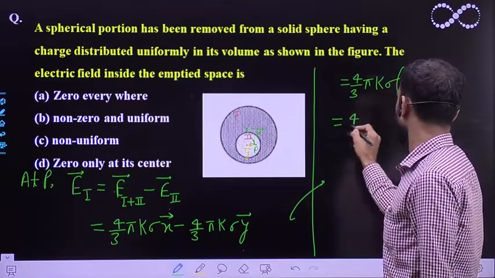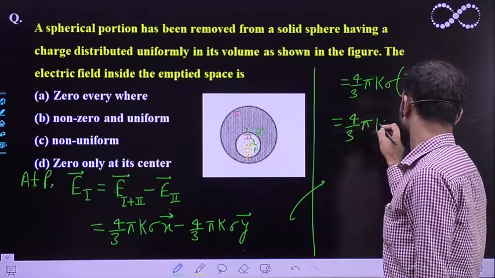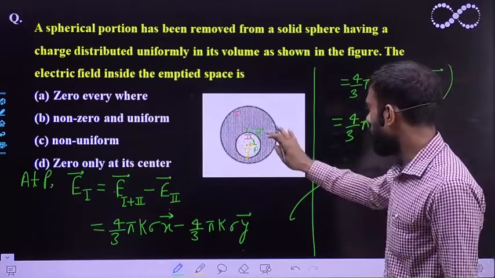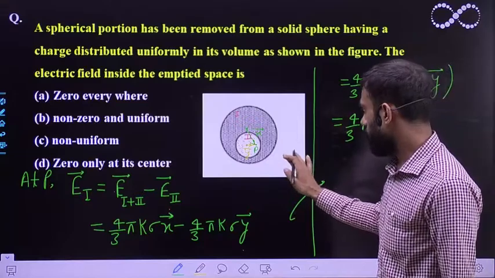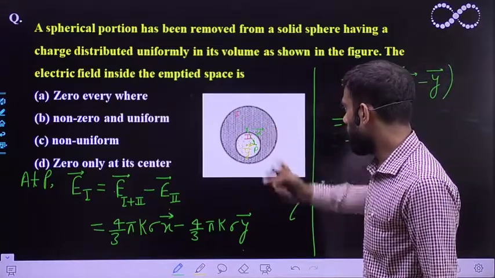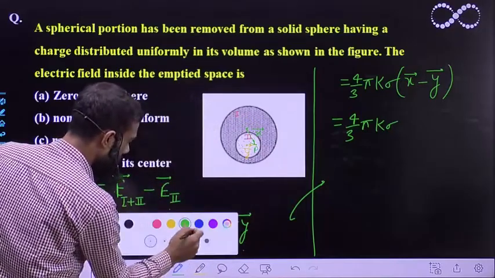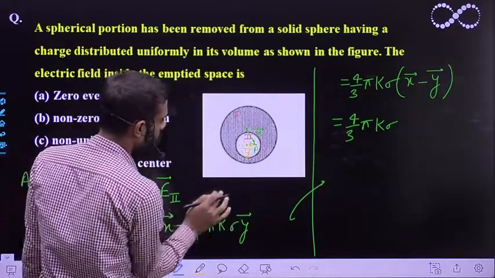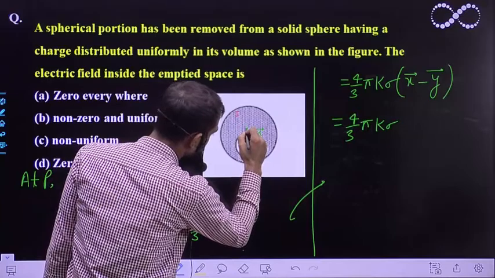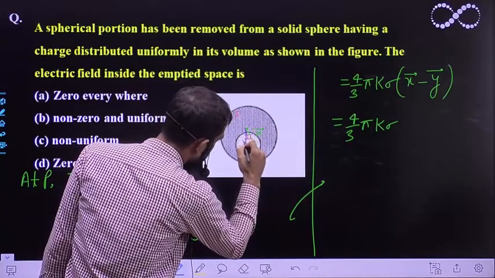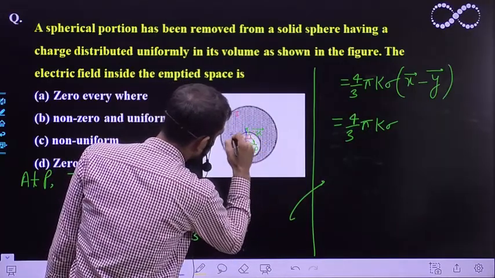So 4 by 3 pi k rho. Now x vector minus y vector will become this vector. Let us draw it here with some different angle. Let us call this line r vector.